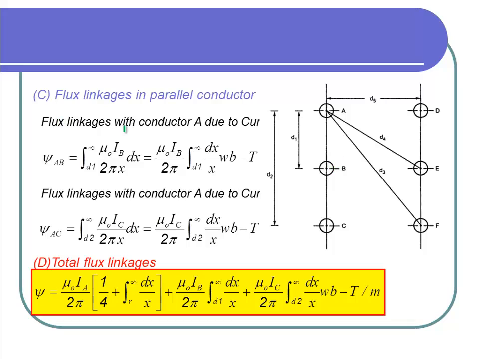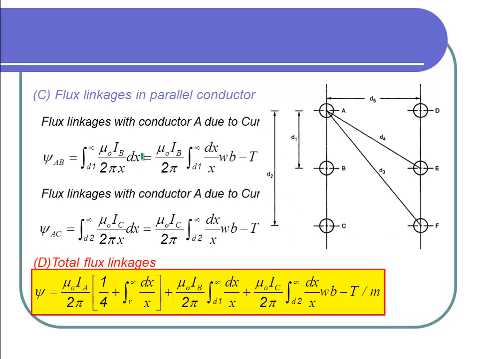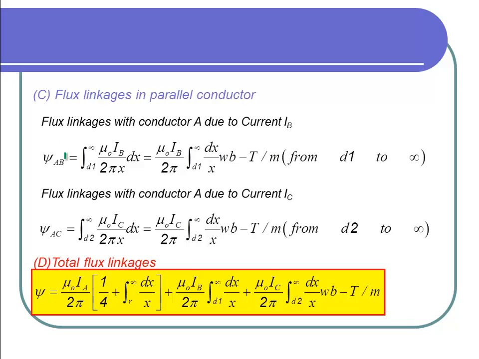The flux linkage with conductor A due to current IB, psi AB, represents the flux linkage in conductor A because of current IB, equal to integral of D1 to infinity, where D1 is the distance between conductors A and B, of mu naught IB by 2 pi x dx.